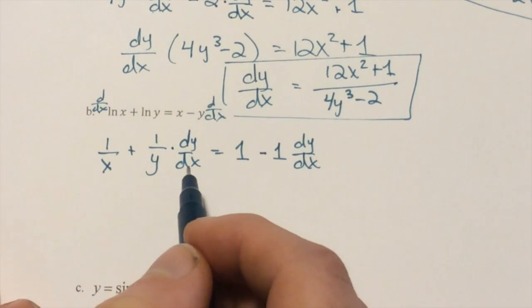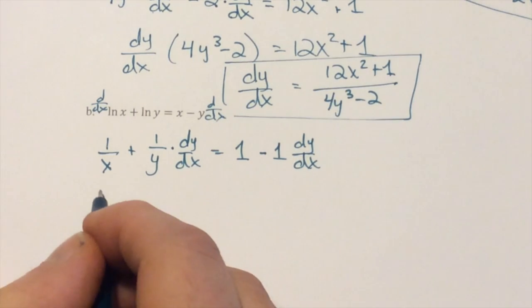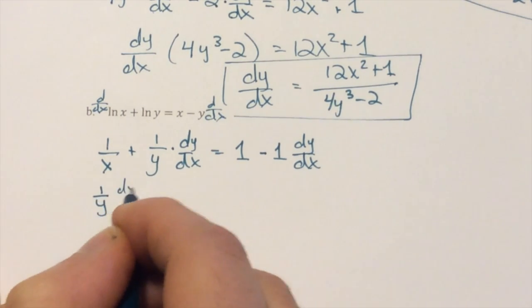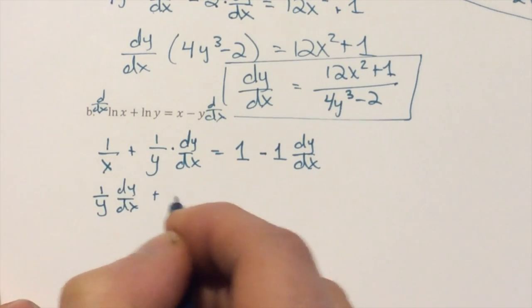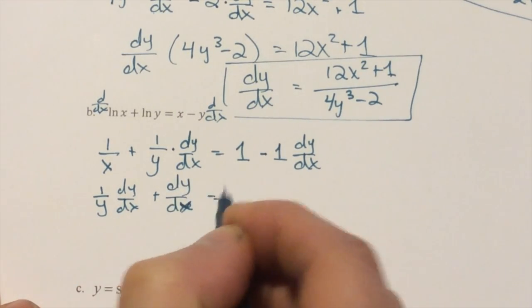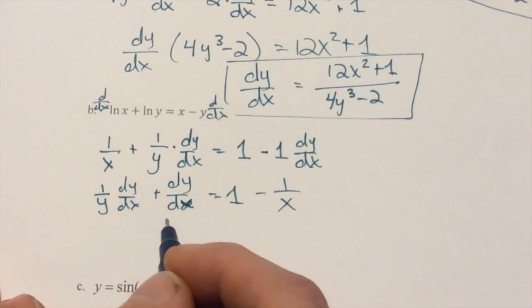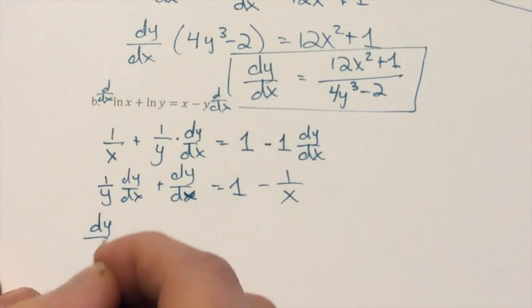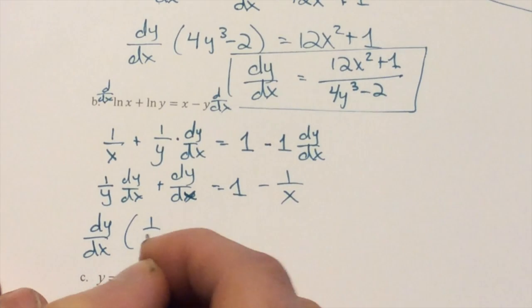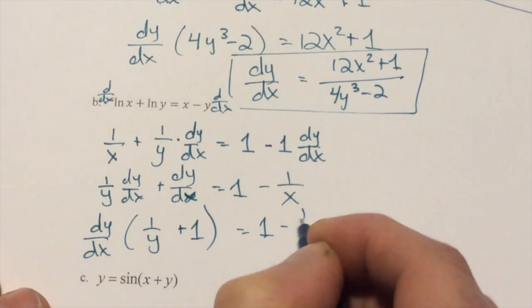Now I'm just going to get all of the dy dx's on the same side. So I have 1 over y dy dx plus dy dx equals 1 minus 1 over x. Factor out the dy dx, dy dx, 1 over y plus 1 equals 1 minus 1 over x.